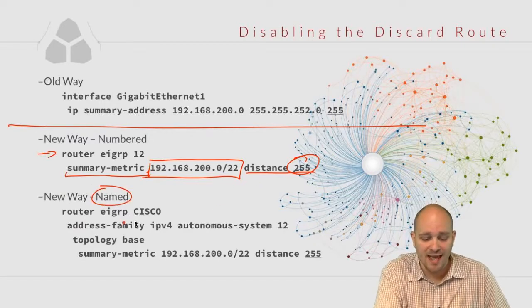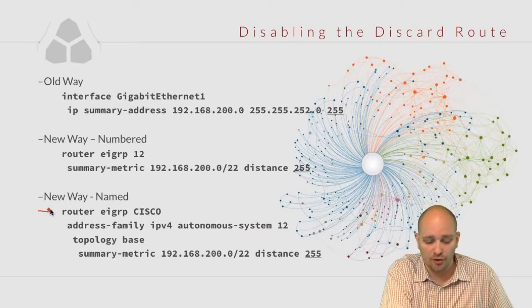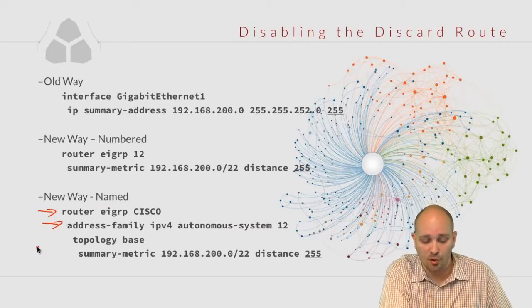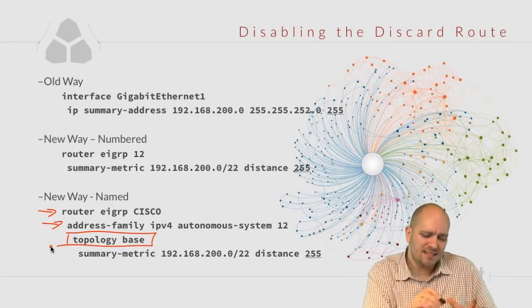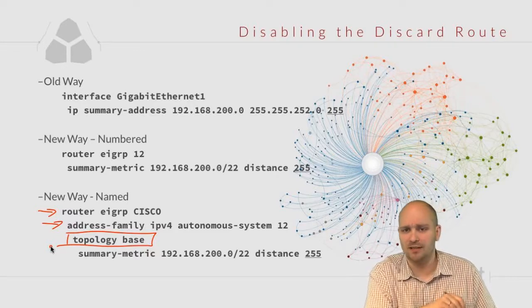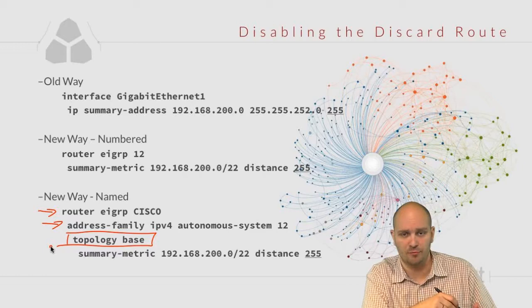If you are using named configurations, the setup is fairly similar. You go into the EIGRP process, you go under the address family, but then you have to go into topology base. This is Cisco's way of supporting multi-topology routing, and this is not something that you really need to concern yourself with.